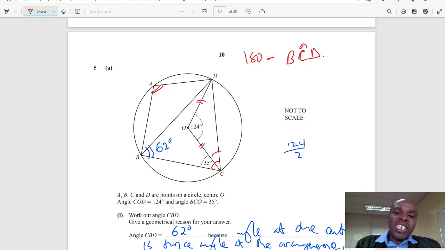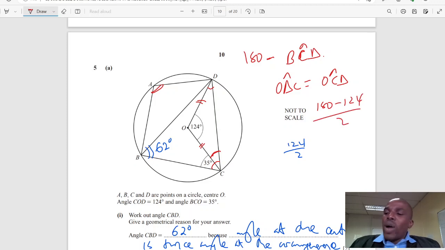This radius, they are equal, which means angle ODC is equal to angle OCD. ODC is equal to OCD. So you can say 180 minus 124, then divide by 2. 180 minus 124 is 56, divided by 2, so it's 28.